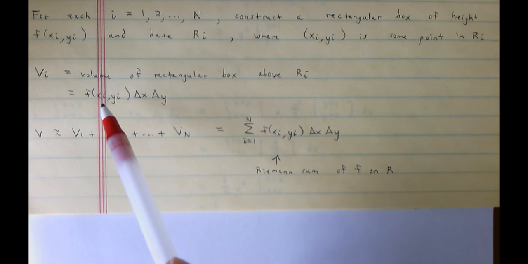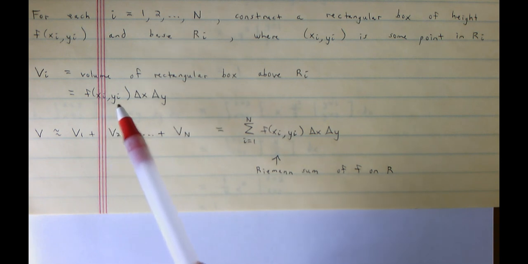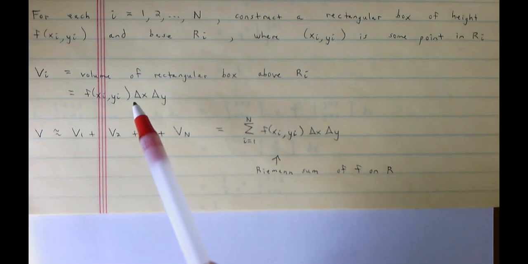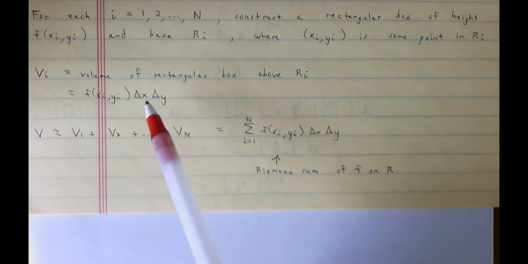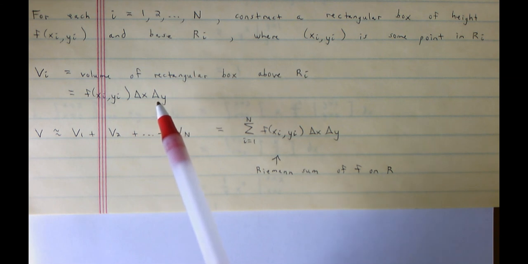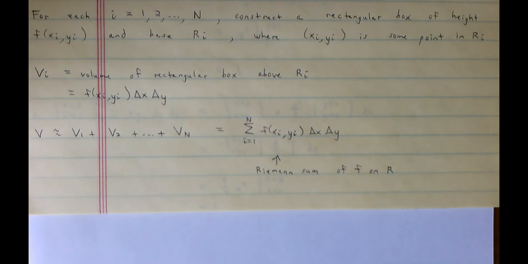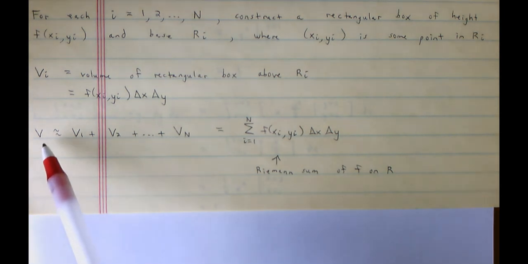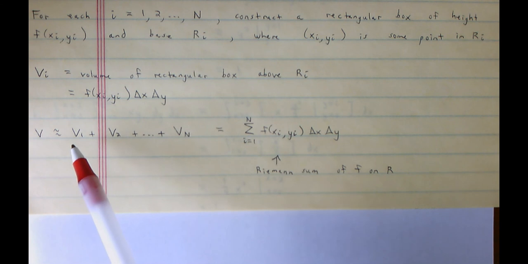Well, we take the height of the rectangular box, f of x sub i, y sub i, multiply by the width, delta x, of the base subrectangle, and the length, delta y, of the base subrectangle. Then we sum all of these volumes to get our approximation for V, the true volume of this three-dimensional solid.